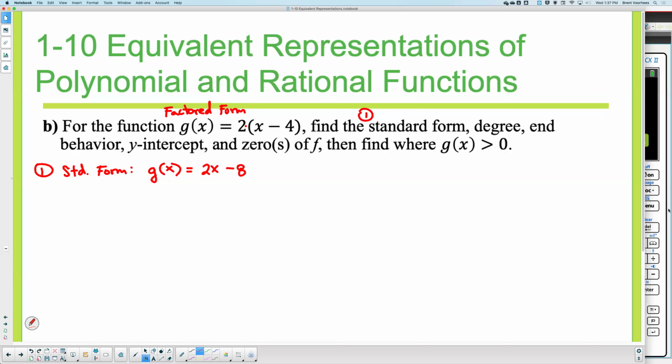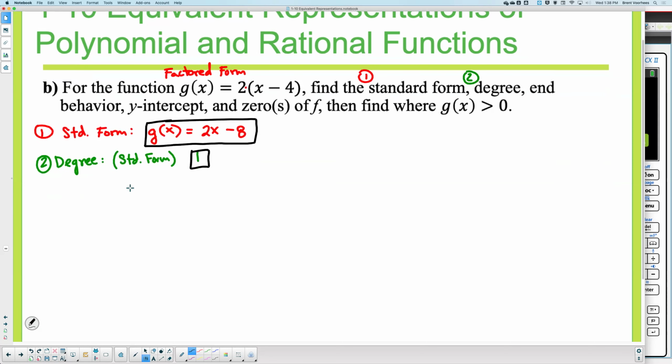Okay, secondly, we want to know the degree. Now again, to find the degree, which form is easier? The standard form, I agree. I would use standard form. What is our degree on this one? 1. There we go. Let me box up my answers so we can see them as we go clearly. Okay.